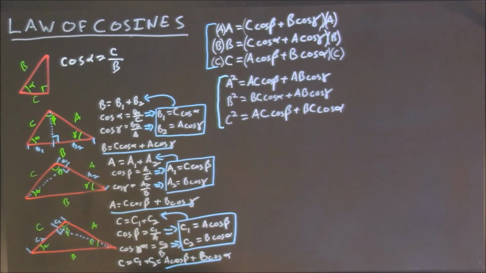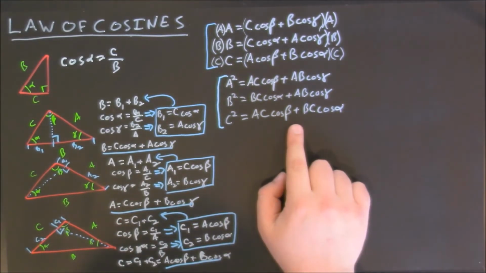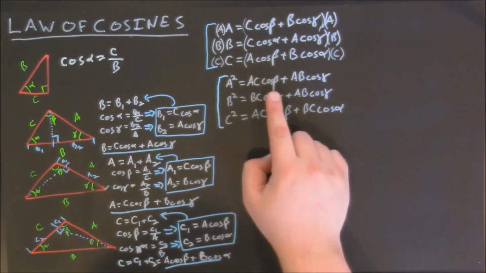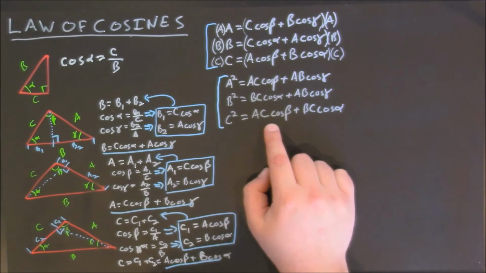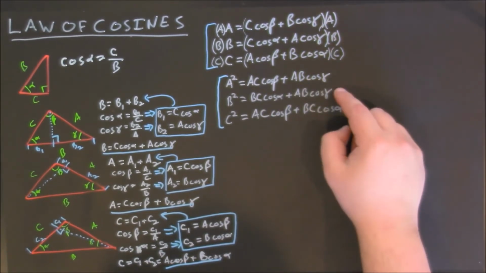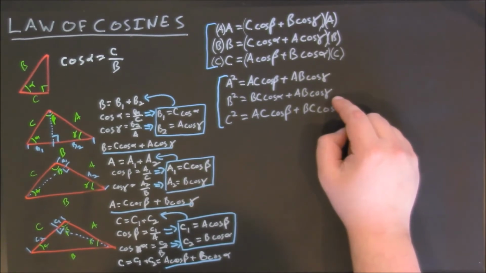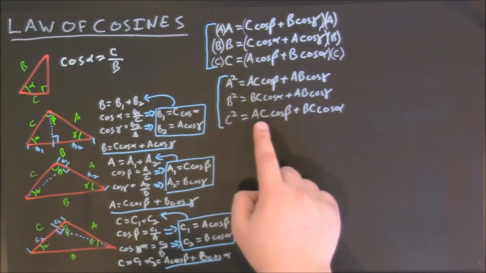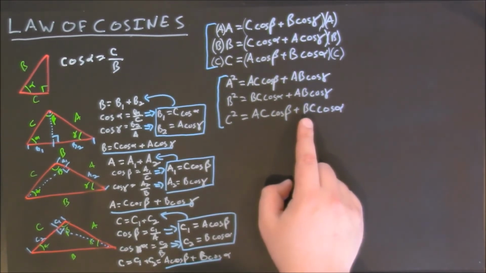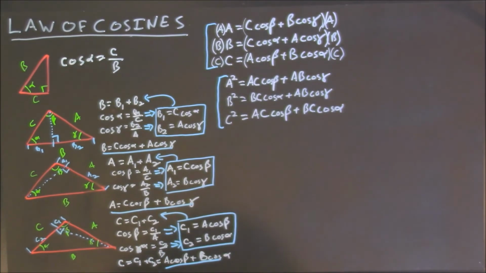But now you'll notice that there are a lot of patterns here. We have squares on one side, and then we have AC cosine beta here and here, BC cosine alpha here and here, and these both have AB cosine gamma. So now we see a lot of patterns, and we can think that we can combine these in such a way that we can get rid of some of these terms, get them to drop out, disappear, or cancel each other out.